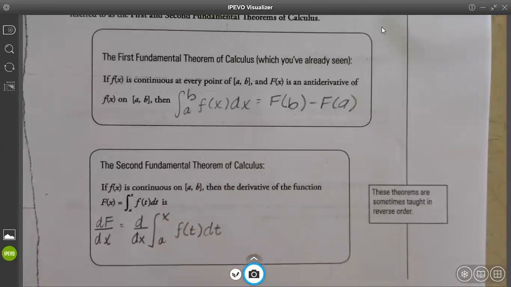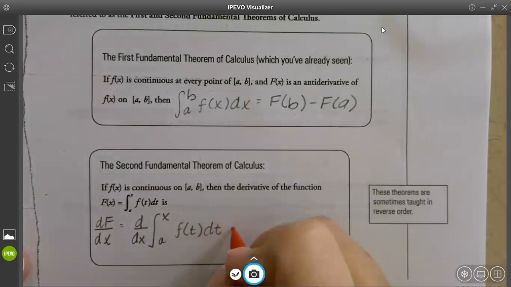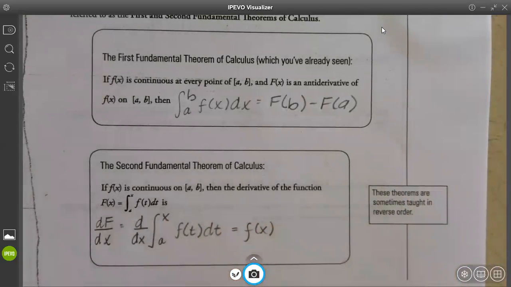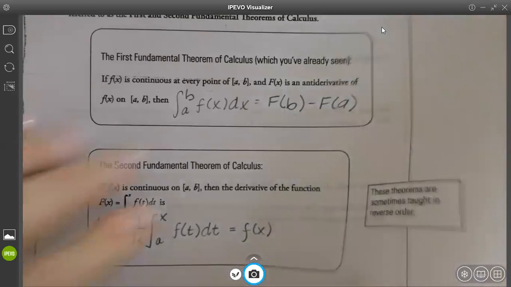Anytime we have that x on the top, all they're telling you to do is plug in x. That's it. So we change f of t to f of x. And when we see examples, it's really super easy. Next.